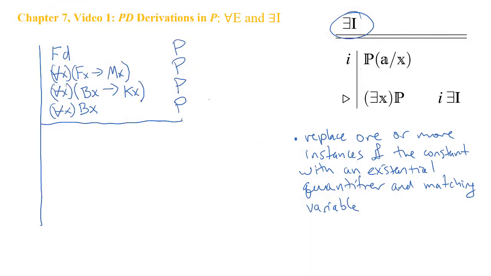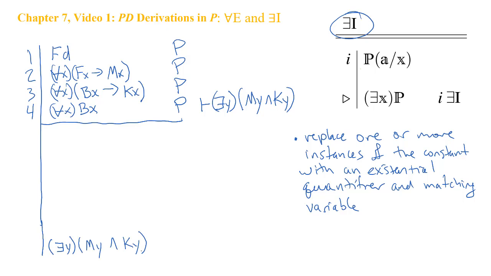So here we have 4 primary assumptions, and our goal is to get some y, My and Ky. Now, if we put that goal down at the bottom of our derivation, then it's likely that our very last step will be justified by existential introduction in order to get that as the main operator of our goal.